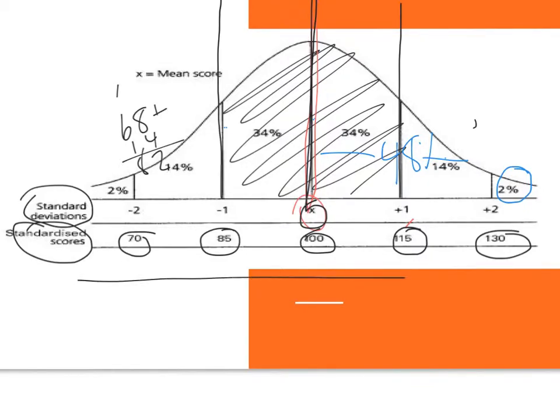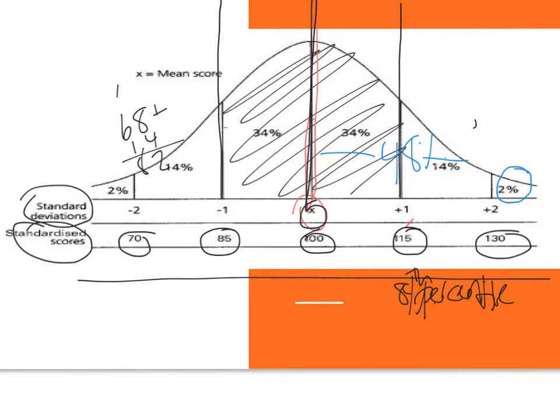For this reason, we should have another line here with the percentile. This should be the 84th percentile, right? He's at the 84th percentile.